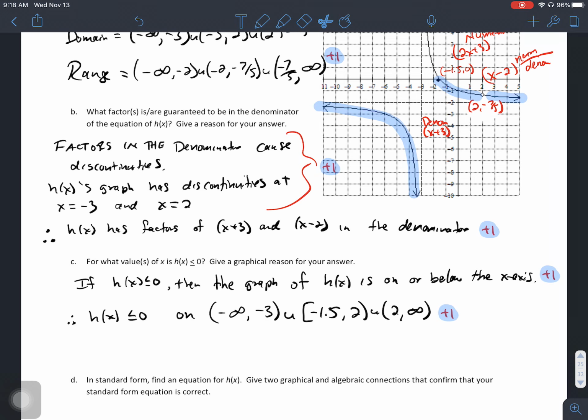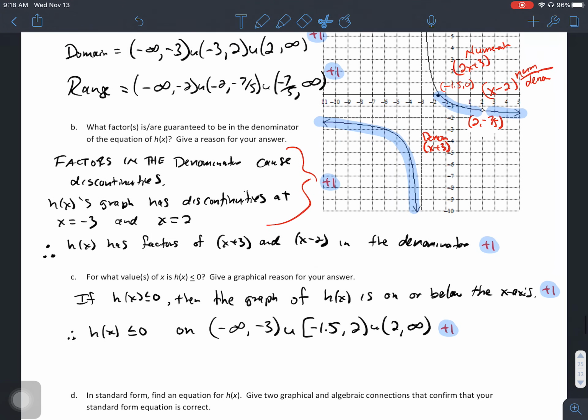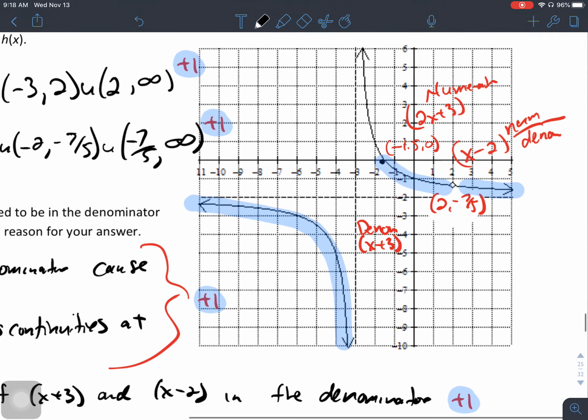D, in standard form, find an equation for h of x. Give 2 graphical and algebraic connections that confirm your standard form equation is correct. Well, let's see, what can we do? Looking at this graph, I'm going to give you some things and we're going to write them down. For one, since there is a horizontal asymptote at y equals -2, that tells us the degree of the numerator and denominator are the same.